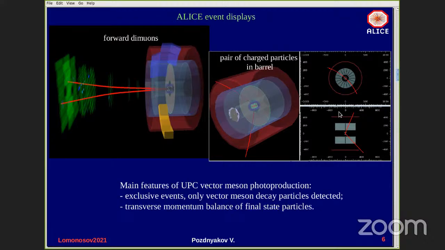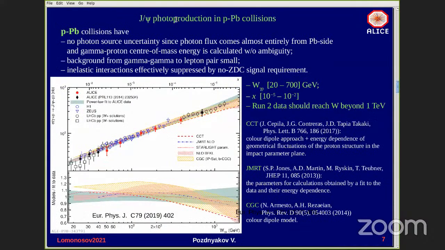I will illustrate this later on. So I will start from J/psi photoproduction in proton-lead collisions, where we have no photon source uncertainty, since we know that mostly photons come from the lead side. Gamma background is pretty small, and inelastic interactions are suppressed by ZDC signal requirements.